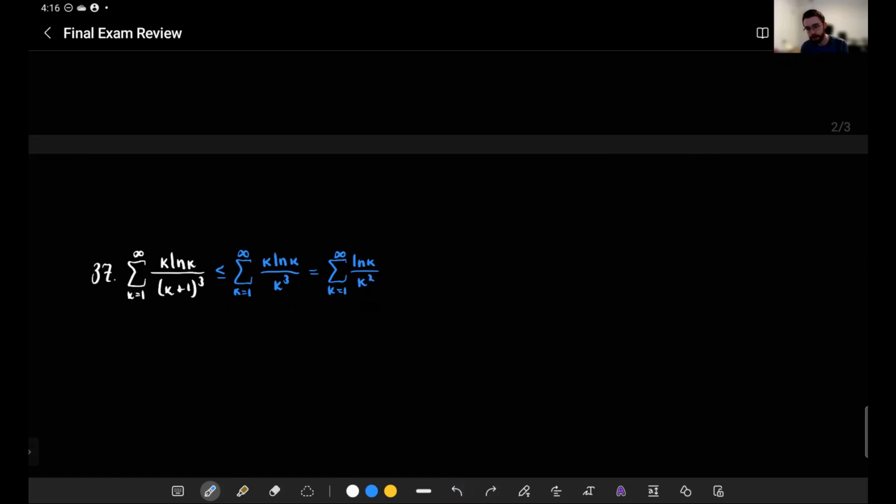It's not alternating. I already said I can't do any comparison type stuff. Or can you? Maybe you could do a limit comparison to 1 over k squared, right? You can't do a direct comparison, but why not try a limit comparison? Let me think if that would actually work.